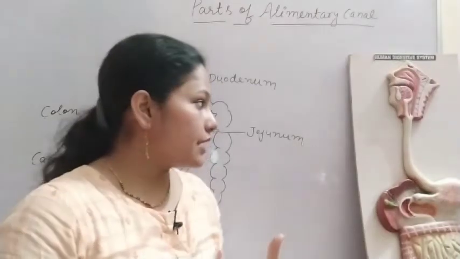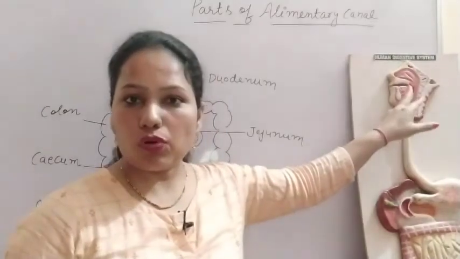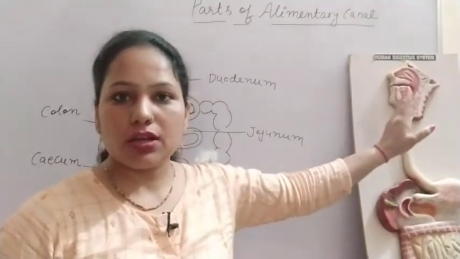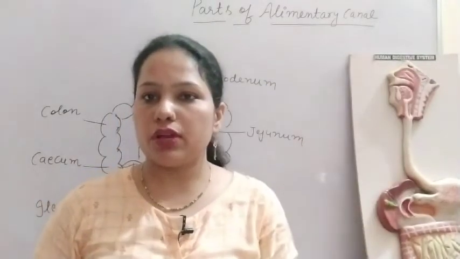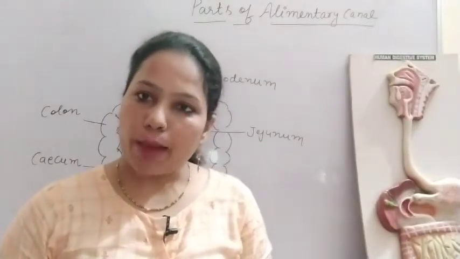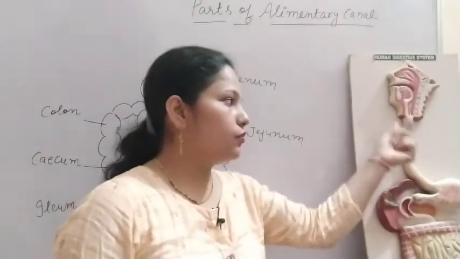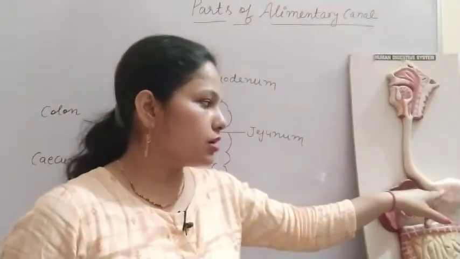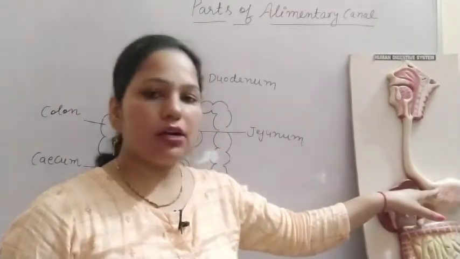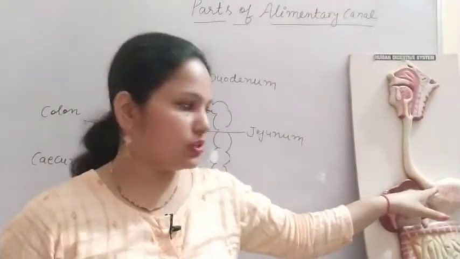After that, the pharynx, the common opening for the food and the air, and this windpipe is covered by a muscular flap known as the epiglottis. Then the esophagus, the food pipe. This esophagus opens into the stomach, and that is regulated by a sphincter, the gastroesophageal sphincter.